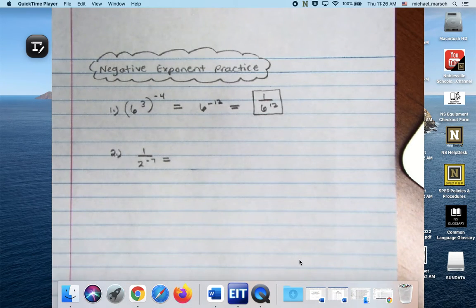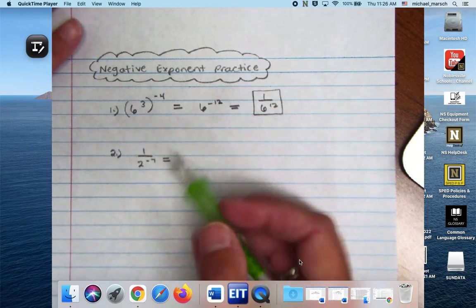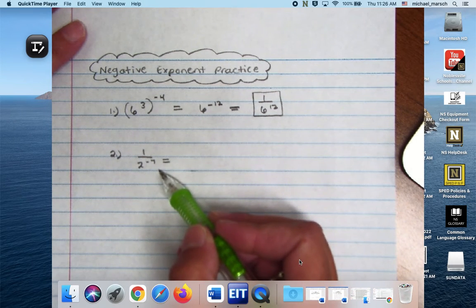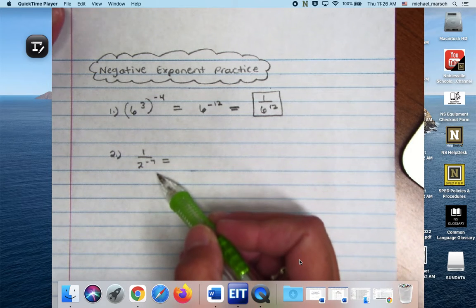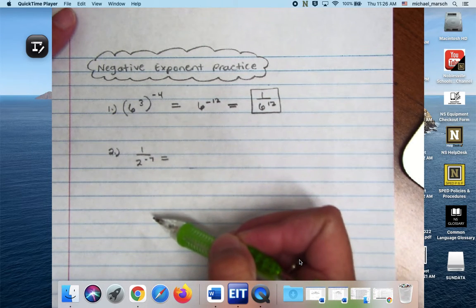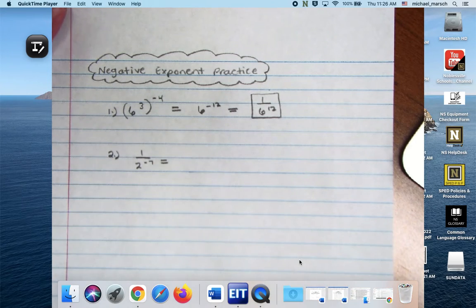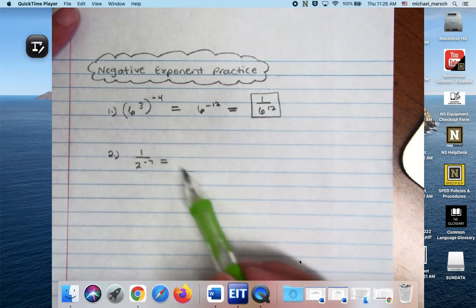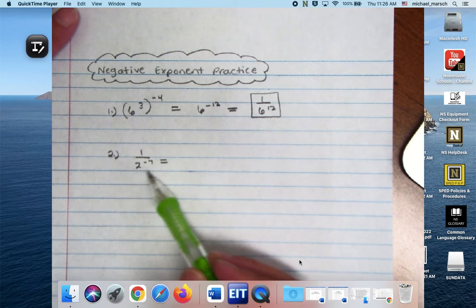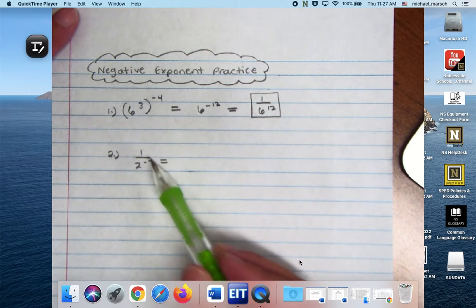How about 1 over 2 to the negative 7th. Rylan, what am I going to do here? Based on the notes we did yesterday and the ones we just talked about, where do I have to move this expression because I can't have a negative exponent?